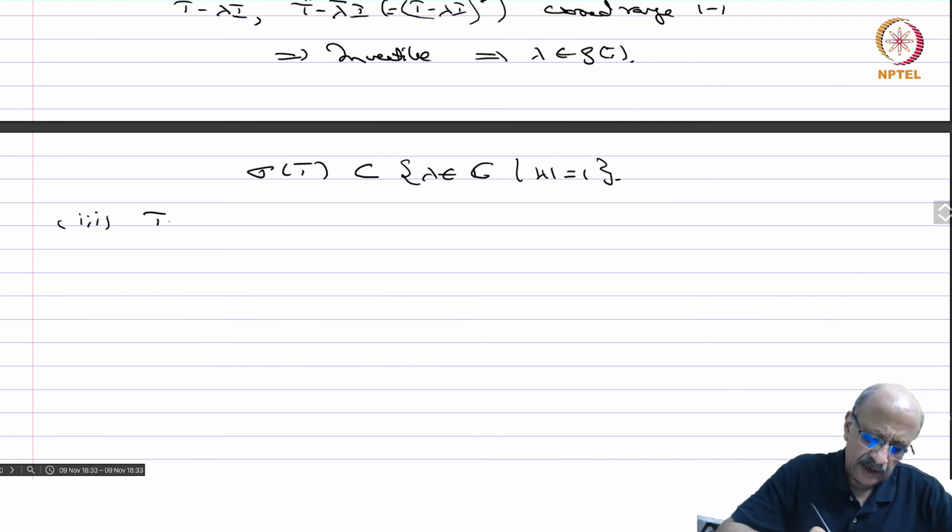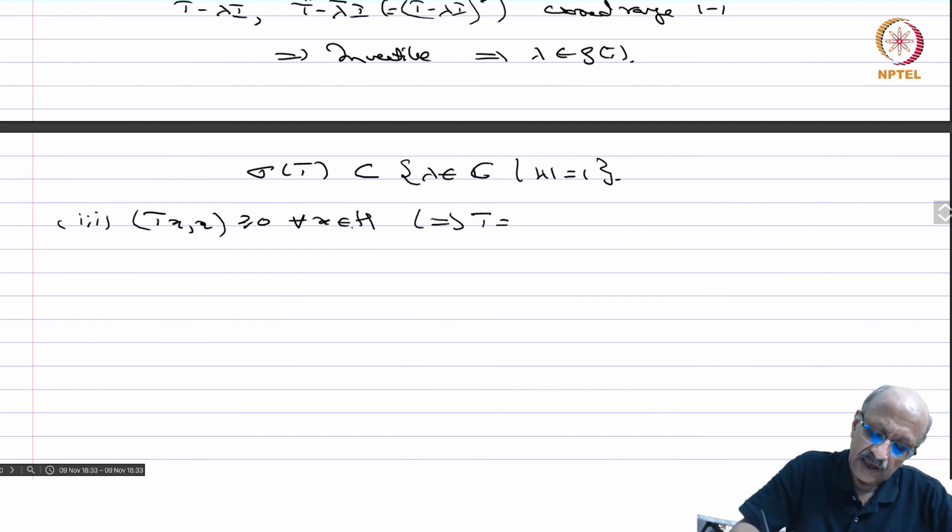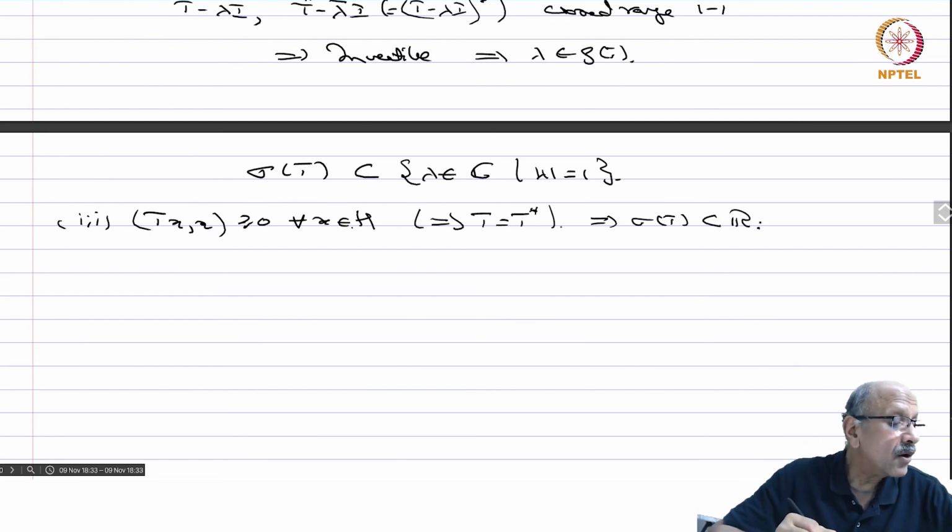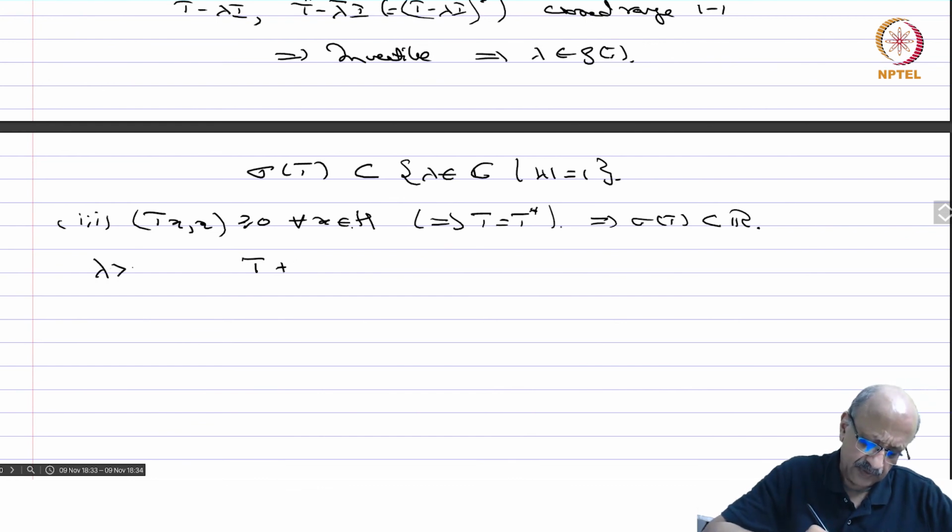So you are given that the inner product of Tx with x is greater or equal to 0 for all x in H, and of course we have seen that this implies T equals T star. Okay, and therefore sigma T is of course contained in R. Now let us take lambda positive.